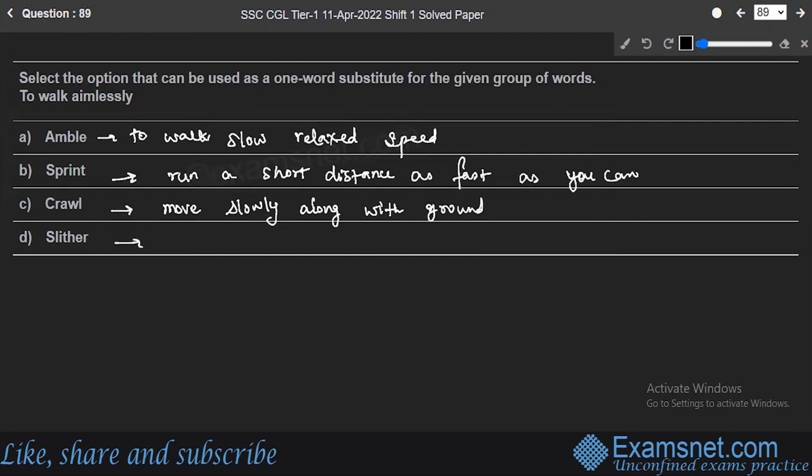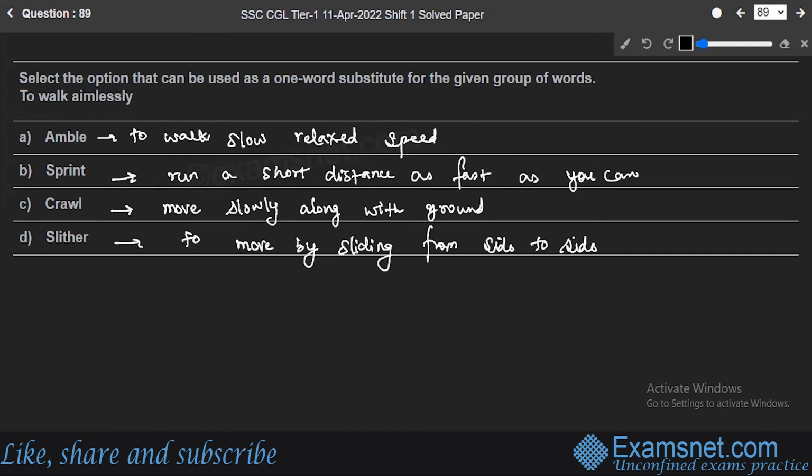And slither means to move by sliding from side to side along the ground like a snake, right?